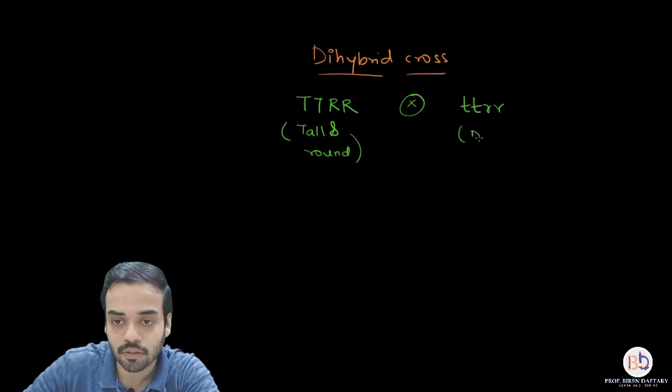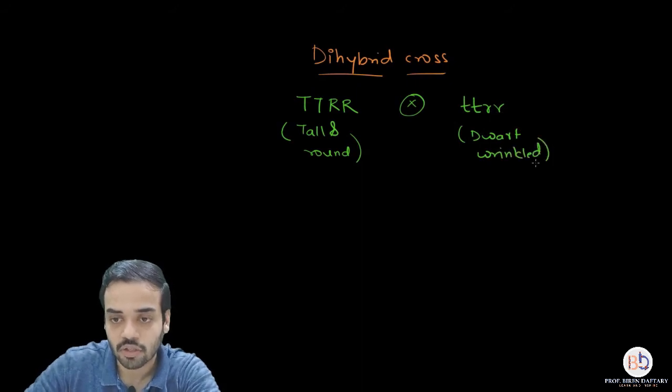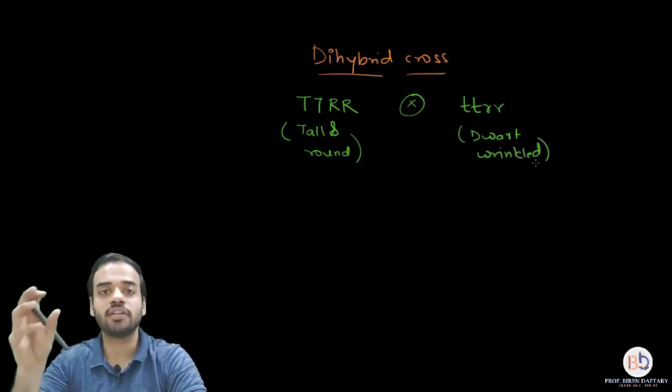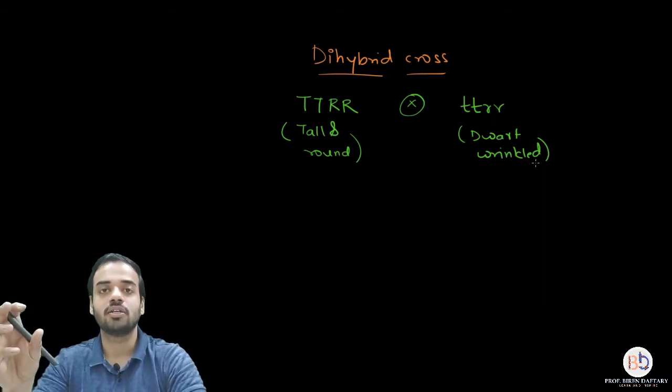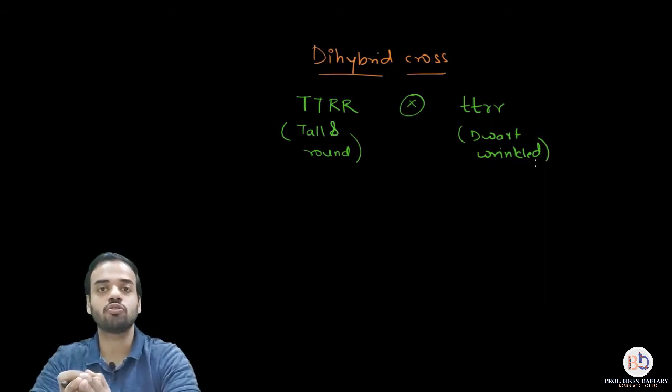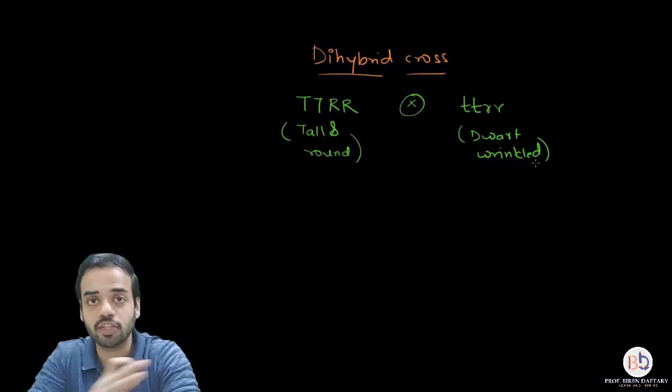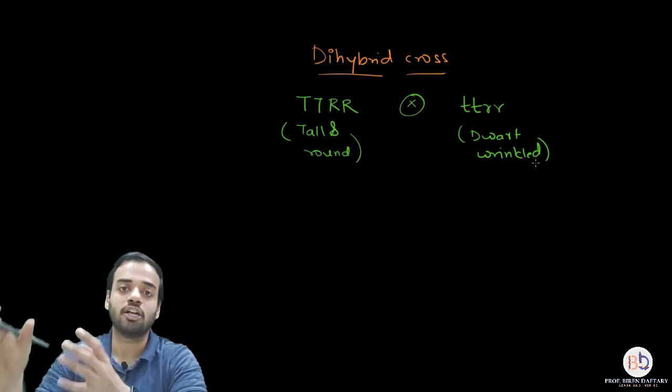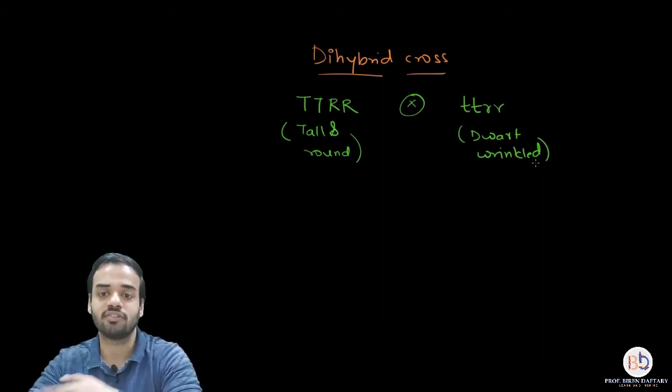I hope this is clear. Please remember that whenever you are showing a Mendelian cross, you always have to take pure parents and start the cross. So it is going to be tall and round with all dominant alleles and dwarf and wrinkled with all recessive alleles. Is this correct?